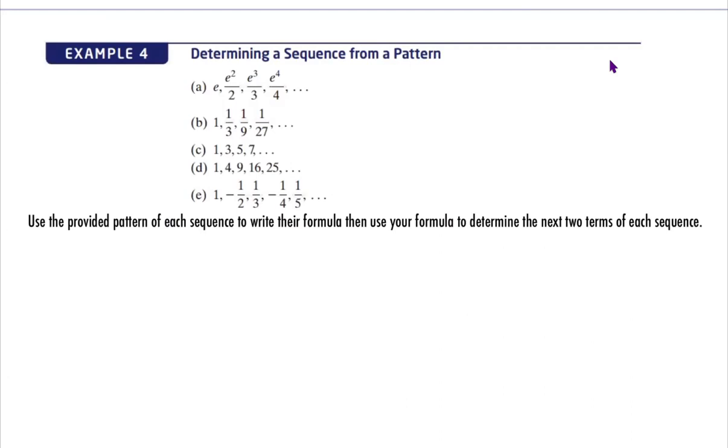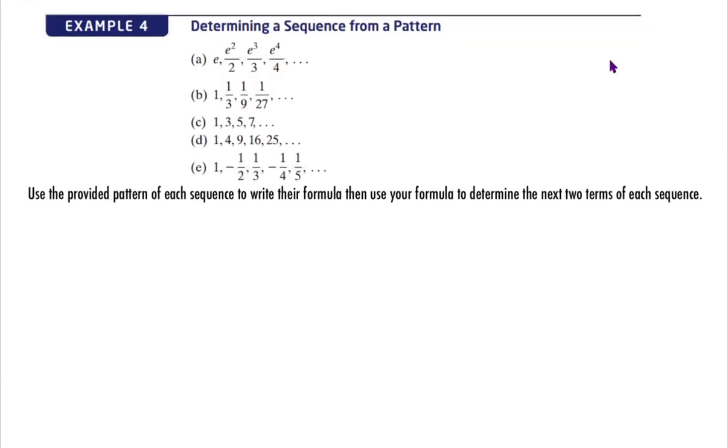In the first example, what we see here is an exponential of the number e, but everything has a denominator, while e is by itself. But what I can see is that the first term starts with e, or starts with 1.